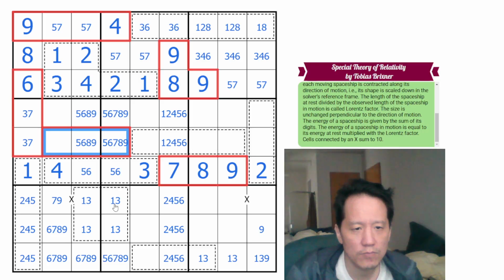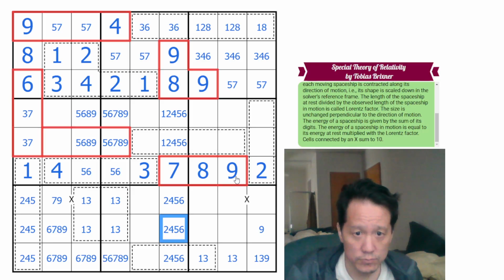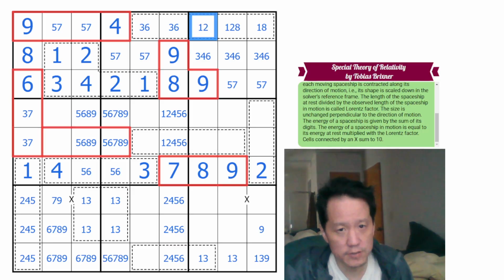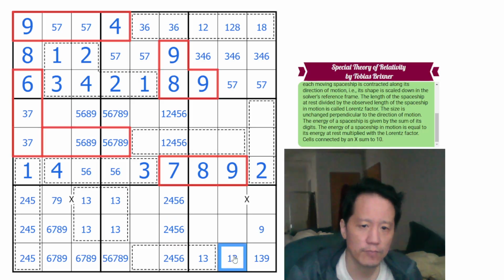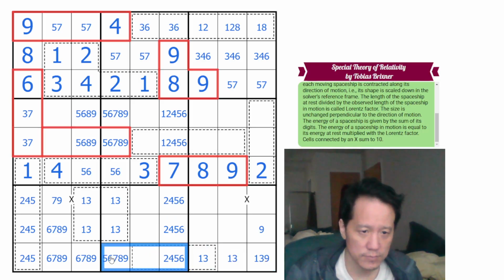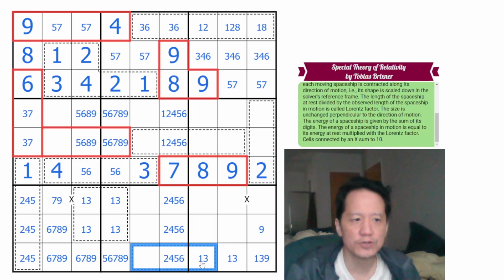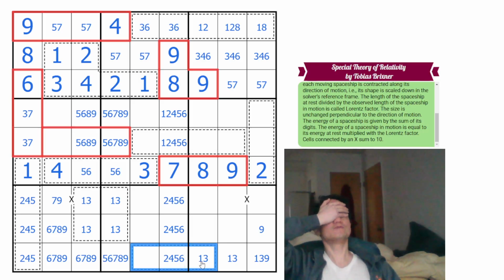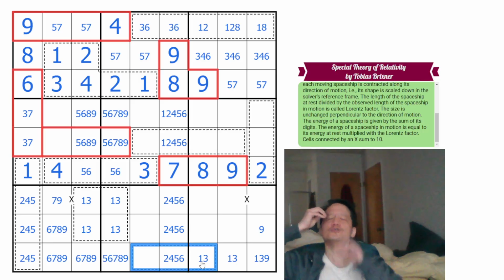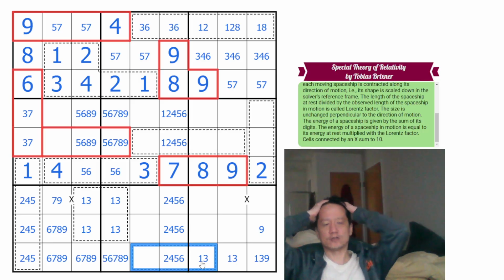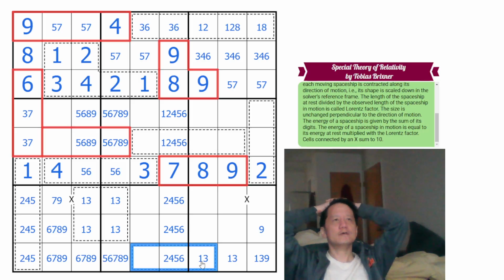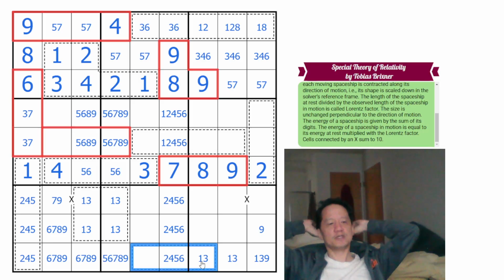This can't be 8. So the 3 cell cage going to a 2 cell cage means the Lorentz factor is 3 halves. The 2 cell cage can be up to 9.